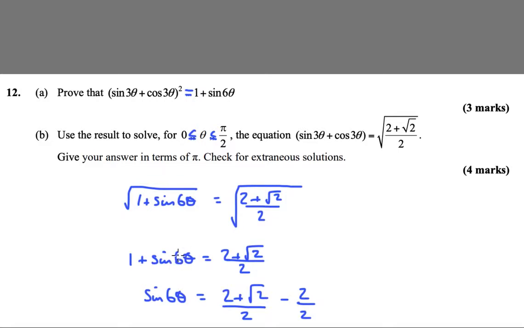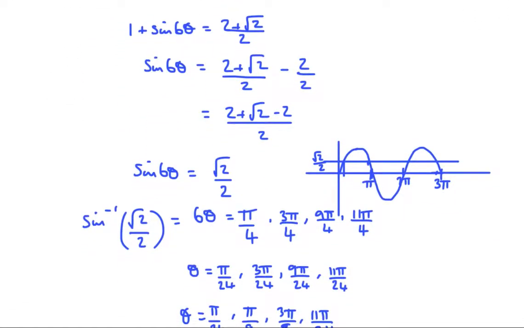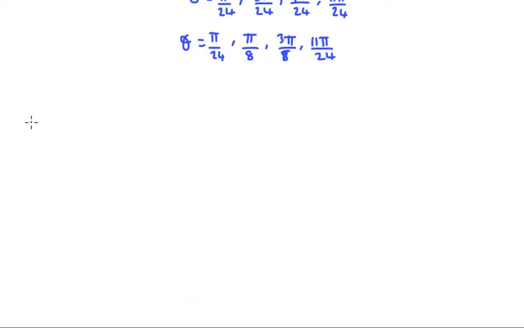Because we squared both sides, and that can lead to extra solutions that you don't want. So we're just going to now check for each of these values that sine 3 theta plus cos 3 theta does give us positive root 2 plus root 2 over 2.